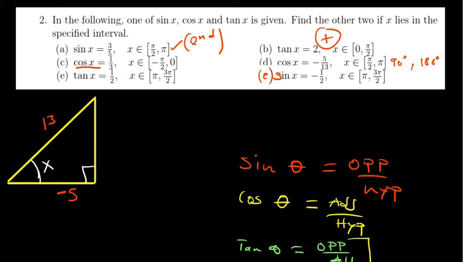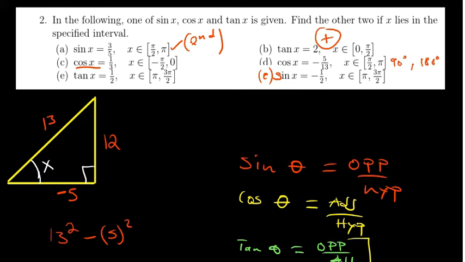We can find the missing side by using Pythagoras theorem: 13 squared minus 5 squared, which is 169 minus 25. That would be 144, so that's 12. Wait, that should be 12, so my math is correct.